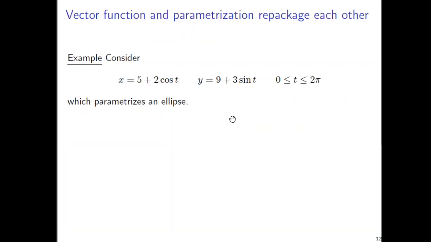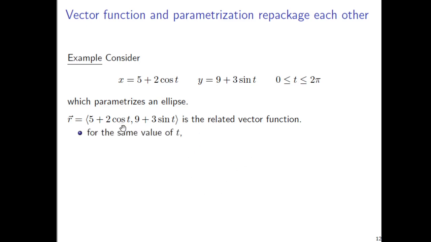Okay, let's continue this idea. Consider x equals 5 plus 2 cosine of t and y equals 9 plus 3 sine of t. That parameterizes an ellipse, and I just took the x formula and the y formula and copy-pasted them in to create the components of a vector function. That's the related vector function. I left out the "of t" in parentheses here, as the author might sometimes do.